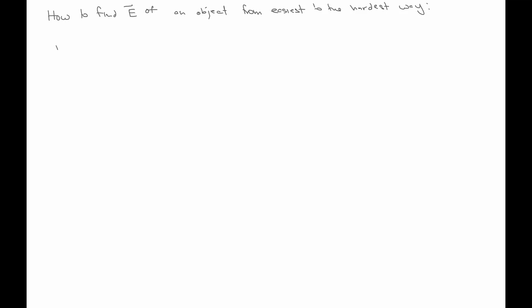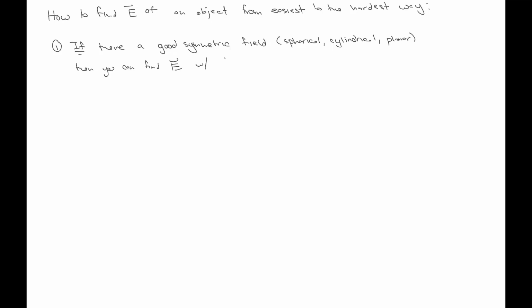So if there is a good symmetric field, and by the way, symmetric, it could be spherically symmetric, it could be cylindrically symmetric, it could be planar, that would be like a sheet of charge. If this is true, then you can find E with Gauss's law.